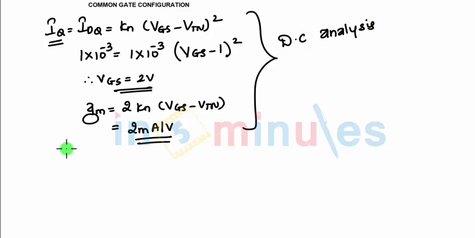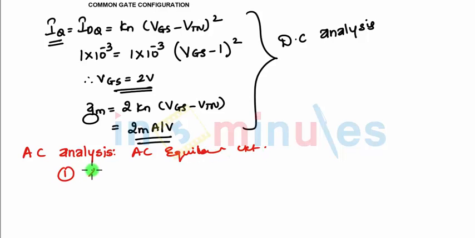Now in the AC analysis, we draw the AC equivalent circuit. If you recall, the step is we short circuit capacitors and remove DC sources.